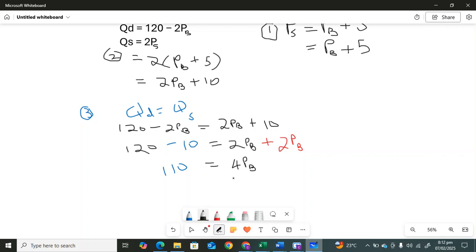To get the value of PB, the price the buyers pay, those with calculators, 110 divided by 4 is 27.5.